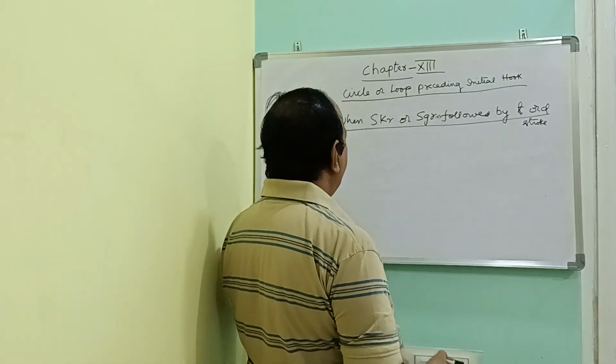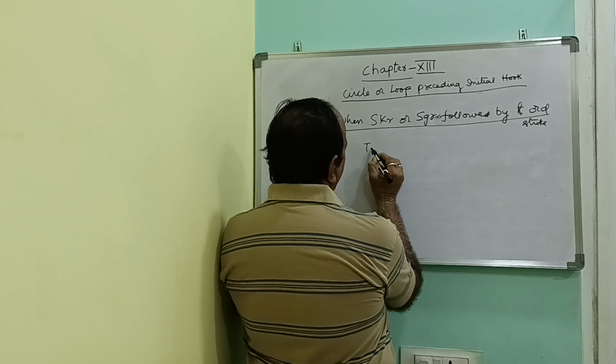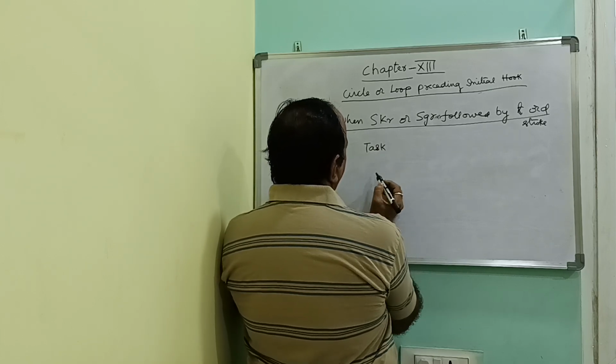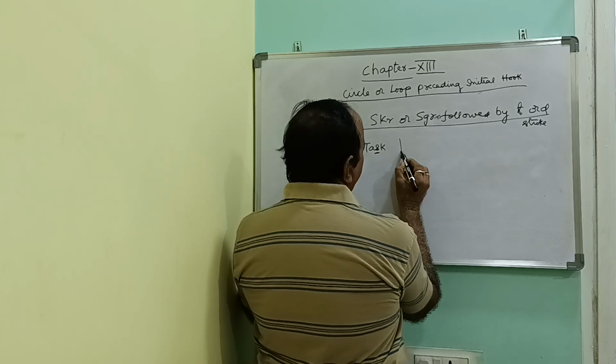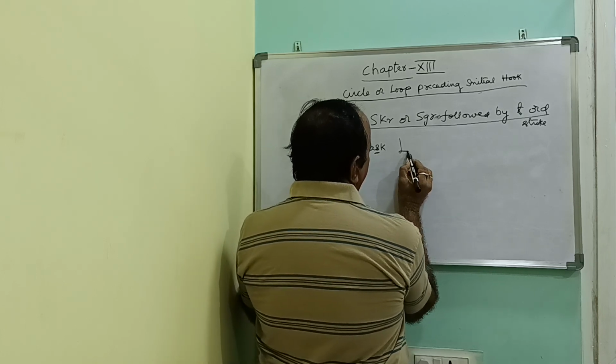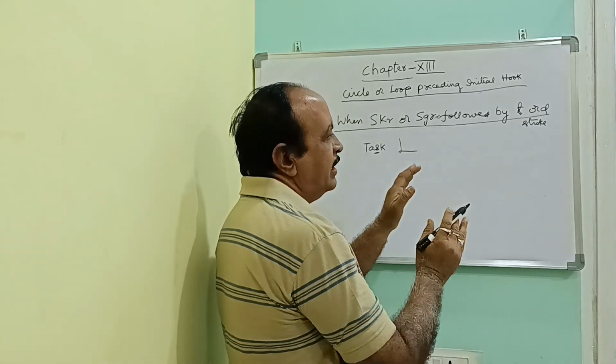Generally, for example, task. S is here now. Task means the circle you are taking outside the angle here. Since T and K are forming an angle, we are writing it outside the angle.